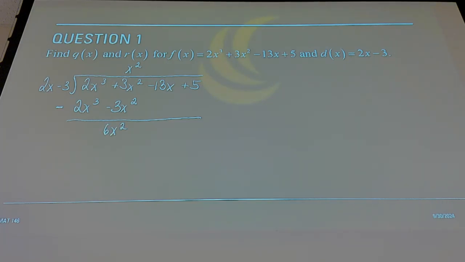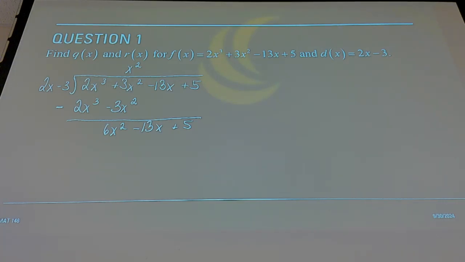Then it's negative 13x minus 0 and 5 minus 0. Is that degree less than the degree of the divisor? No, then you have to keep going.